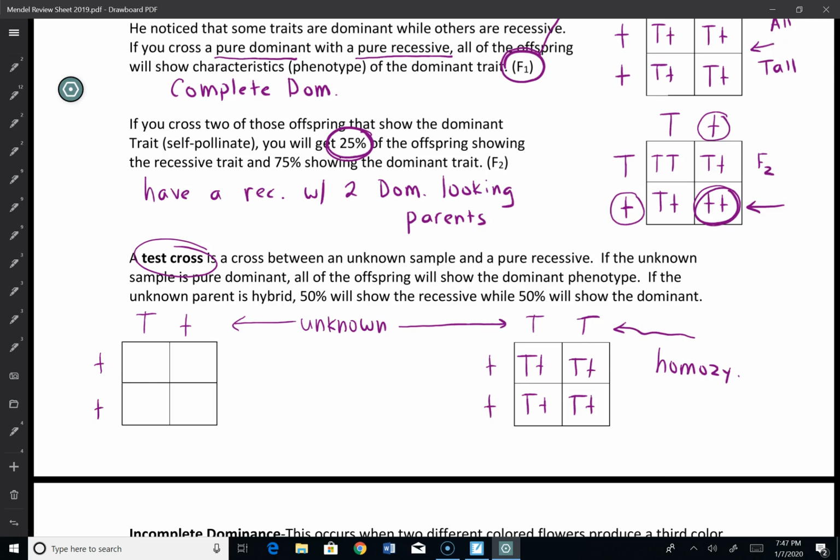But if you end up with a 50-50 split, meaning you have tall, tall, short, short, this is now basically a 50-50 split, or half and half. That is a true test cross, and that shows that what you thought might have been pure dominant was not. So that's how we do a test cross, and that's how you can figure out in any sample if what you think may be pure homozygous dominant, well, it might not be.